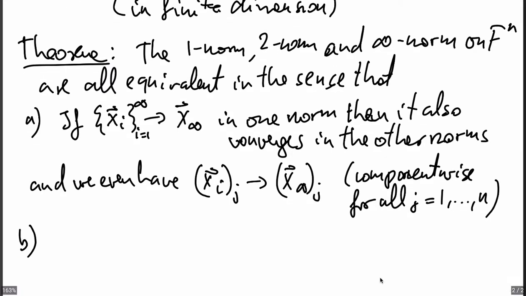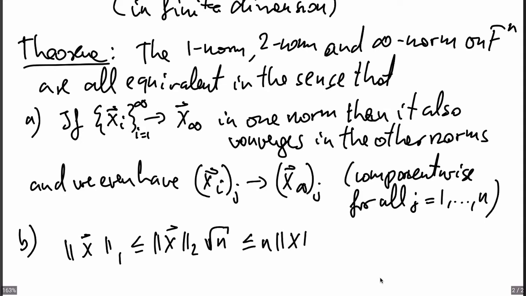We also have that the one norm of a vector can be estimated from above by the two norm if you multiply with the square root of n, and then it can be further estimated by n times the infinity norm, and that can be estimated by n times the one norm.